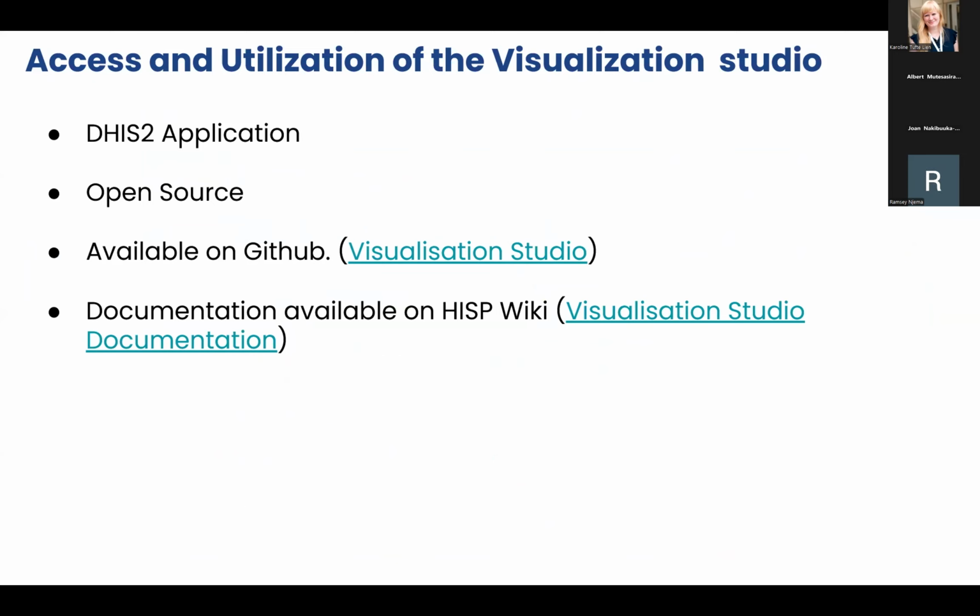We are still working on this, but it has been developed so that anyone who has knowledge about DHIS2 and is an implementer of DHIS2 can use it. So you'll find the documentation and the application very easy to use and to apply in a particular use case. I've been a little bit fast because of time, but in case of any questions, we are available to answer them. Thank you so much.